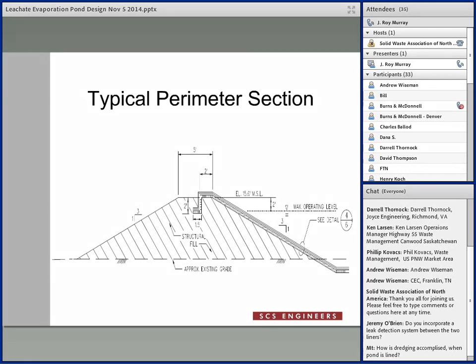It's not much more than that. And if you're going to remove that sediment, it would have to be done manually, probably with some flat shovels.